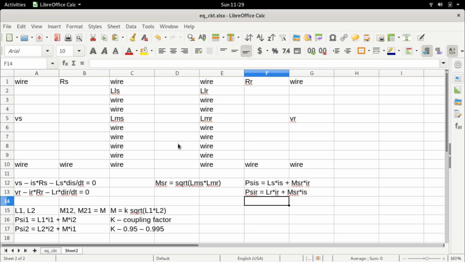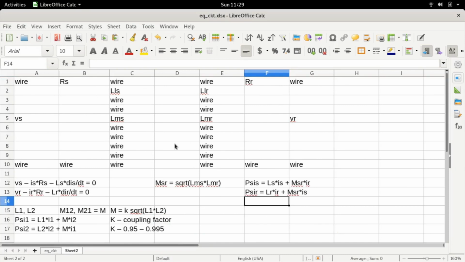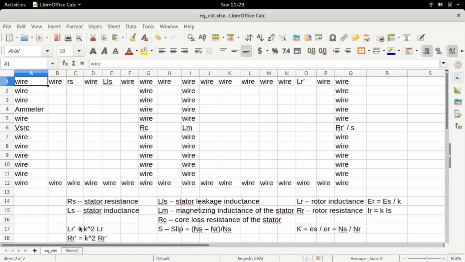So now the question is, now that we have the stator inductances and the rotor inductances, what does it actually mean in terms of the torque that we were talking about in the previous lecture? So this I will talk about later in the next lecture because this lecture has already gotten pretty long. But what is important, and we will also do this in the next lecture, is we need to map what are the relevances between all these parameters that we are talking about here versus the parameters here, right?